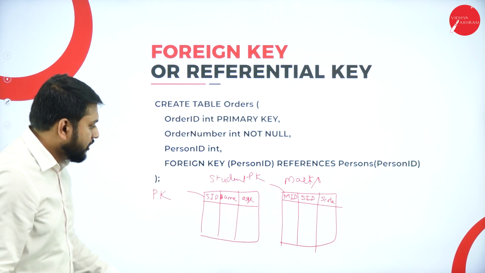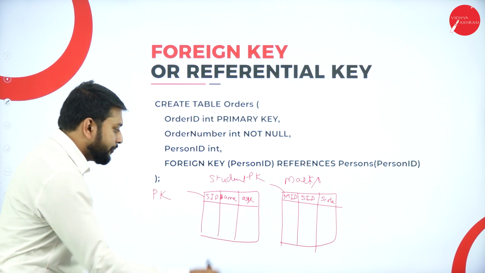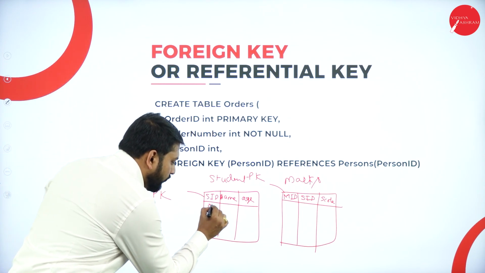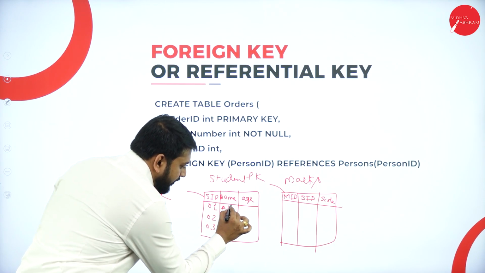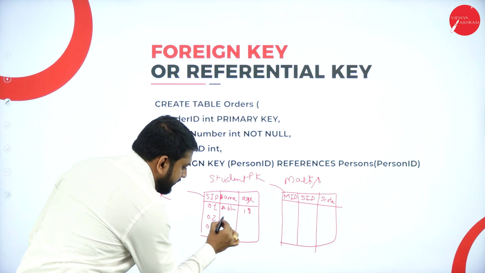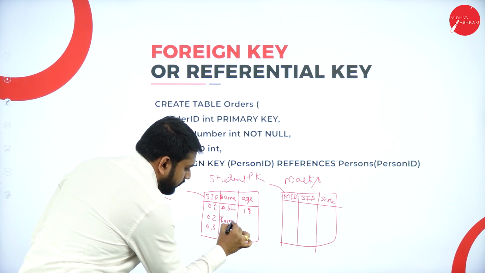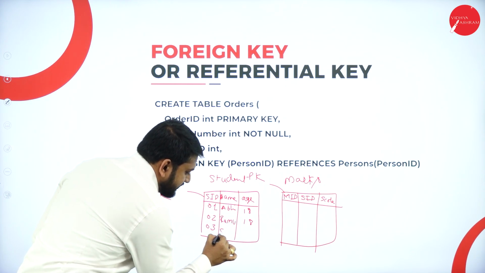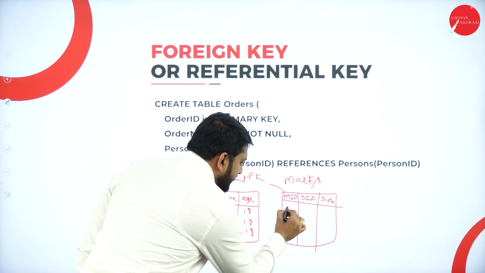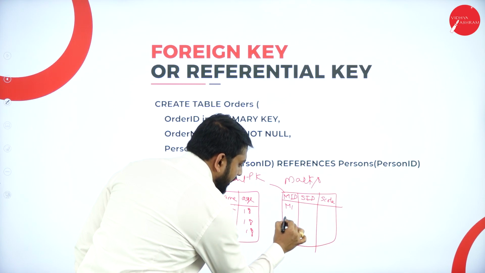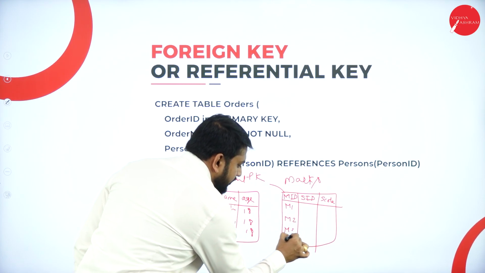Fine, I will fill in all the details here. Observe carefully: 1, 2, 3. Abhi, age 18, Ramu, age 18, Sita, age 18. Here the marks IDs are M1, M2, M3.